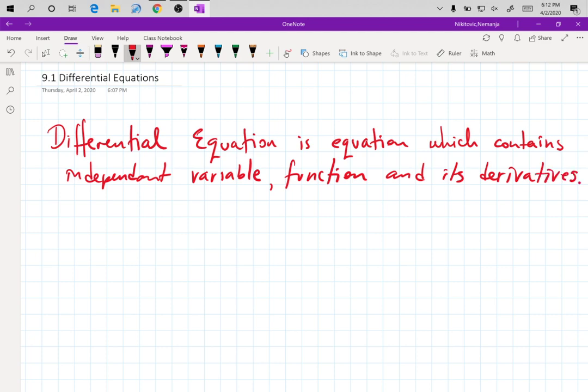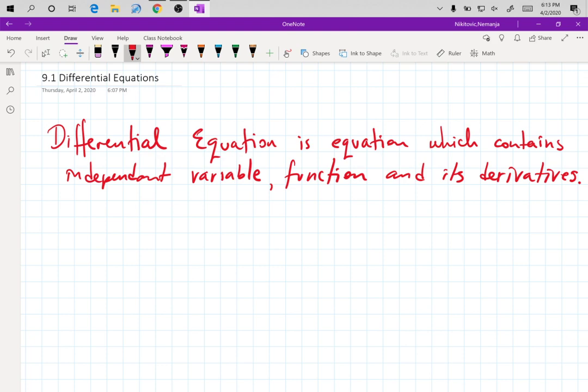The word differential means differentiation, which means derivatives. Therefore, we must have the ability to solve the equation which has the derivatives inside.